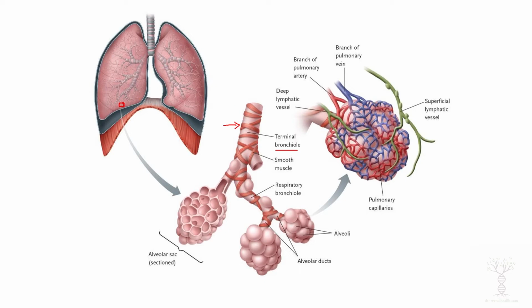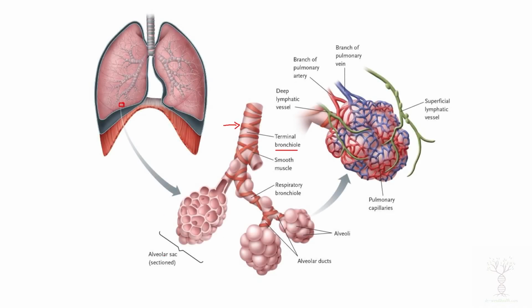And when these muscles relax, it will dilate these bronchial tubes, and then you can have more air going through. An example of when that would happen is if you're exercising or having a fight or flight response, you're going to need to get more air into your body. So you will dilate your bronchial tubes so that you can get more air in. So the fight or flight, or the sympathetic nervous system, can control those smooth muscles.